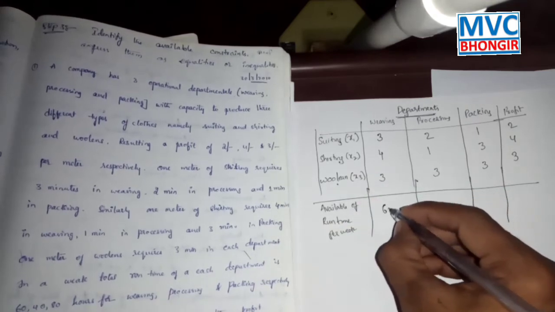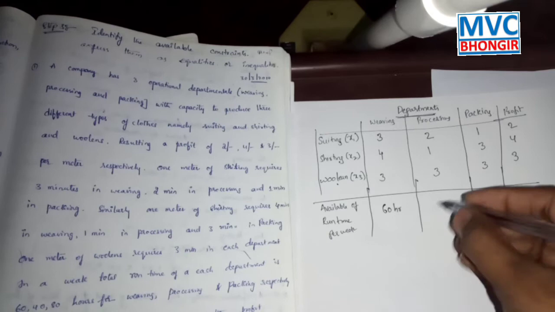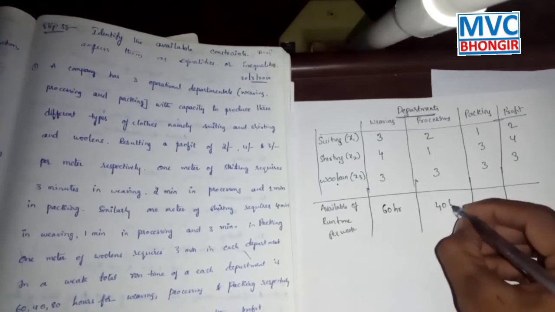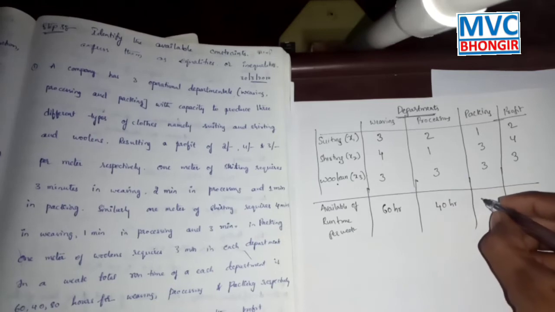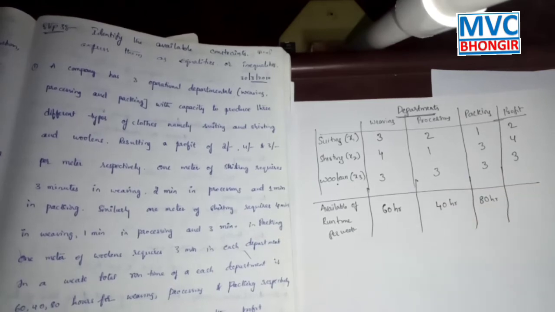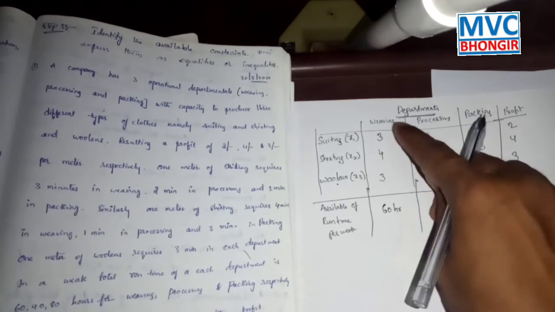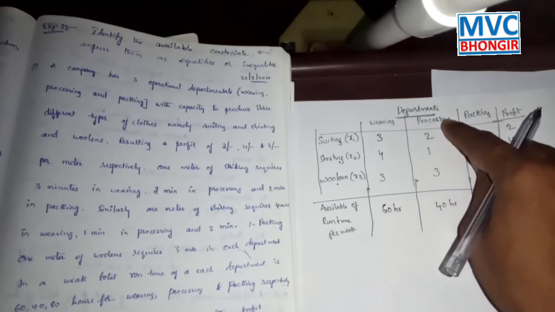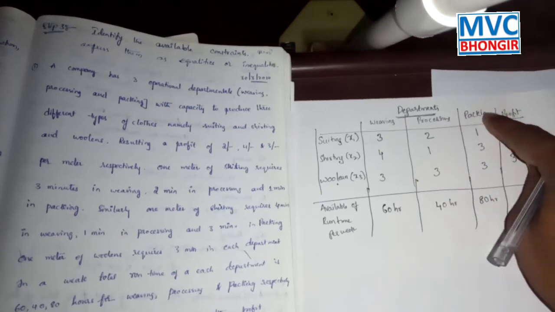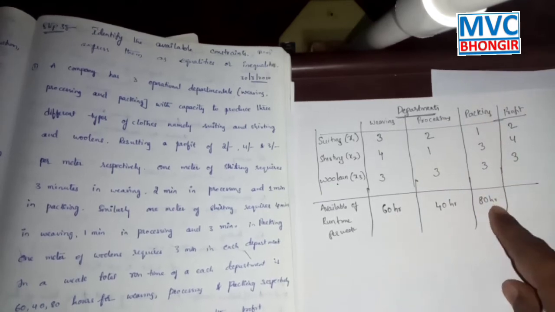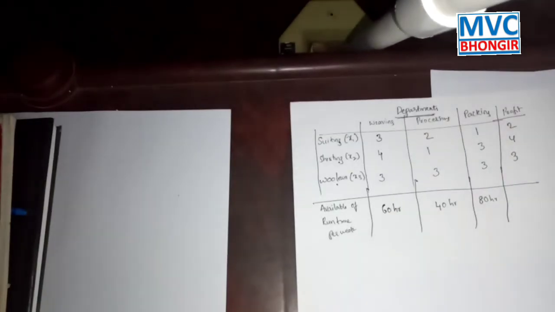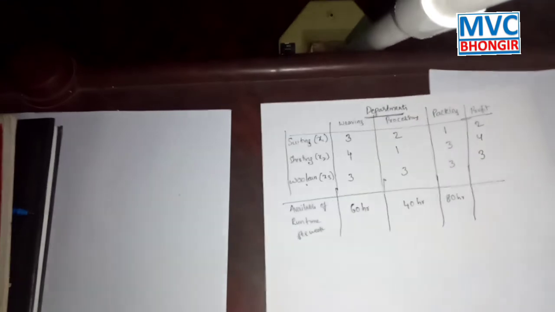For weaving it is 60 hours, for processing it is 40 hours, and for packing it is 80 hours. We have to formulate the LPP now.